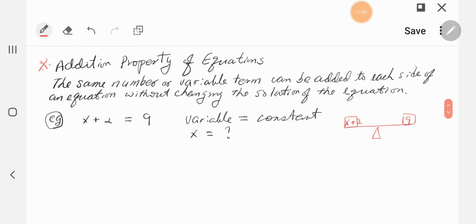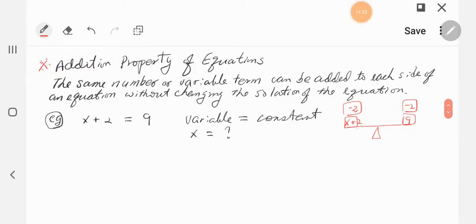We don't know what the value of x is. We want to find x. So in order to find x, we can add something or subtract something from this balance. This is x plus 2, so we can subtract 2 from the left-hand side. Then we can also subtract the same amount from the right-hand side.